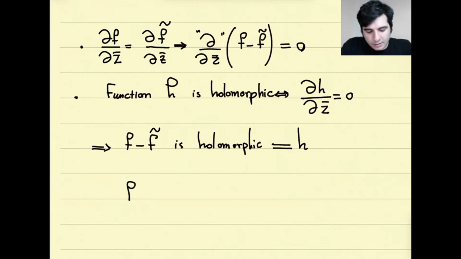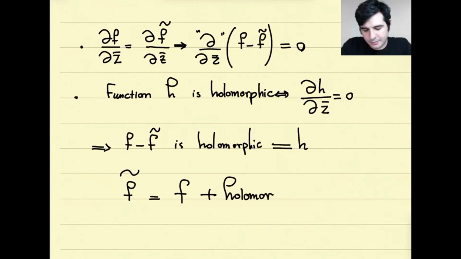So if we find one solution to the equation, any other solution is equal to the solution we found plus a holomorphic function h. So the solution to the equation is unique up to addition by a holomorphic function rather than by addition with a constant.